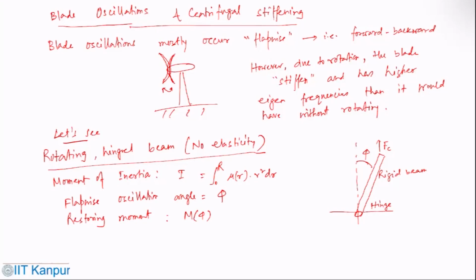So what we have is I phi double dot equals M of phi.